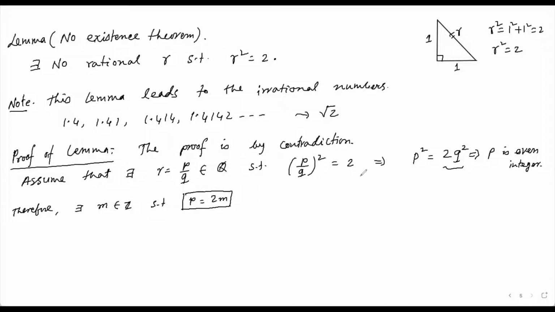Now we replace p in this equation, then we get (2m) square equals 2q square. This implies q square equals 2 times m square. So by a similar argument, we conclude that q is also even.